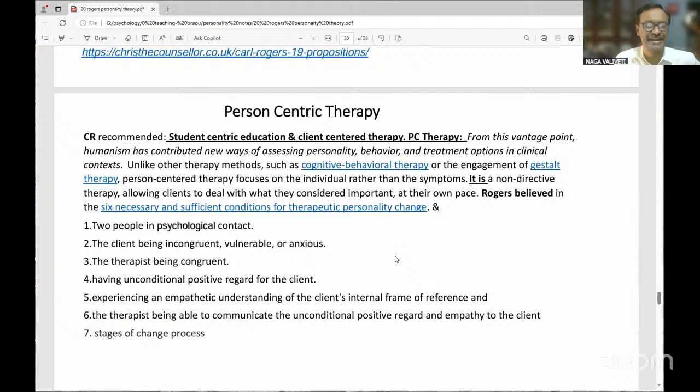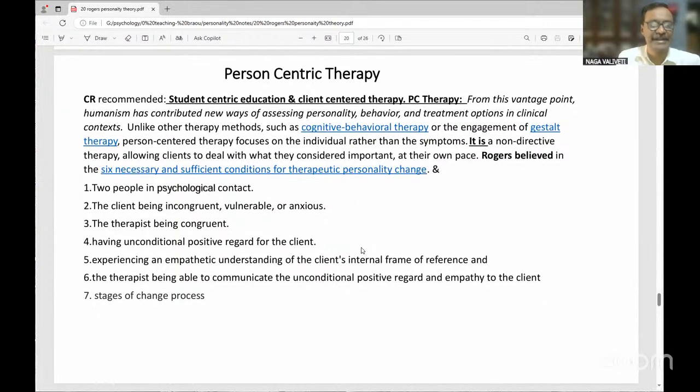Empathy should be there. Authenticity should be there. Authenticity means you have to understand the person as he is, without the influence of your perceptions. That is very, very important. Also for empathy, use certain techniques like paraphrasing and expressions. Once you give unconditional positive regard and respect, he will understand it.